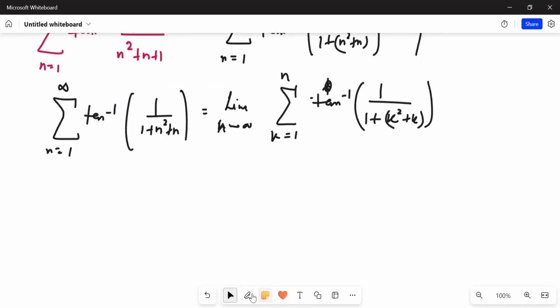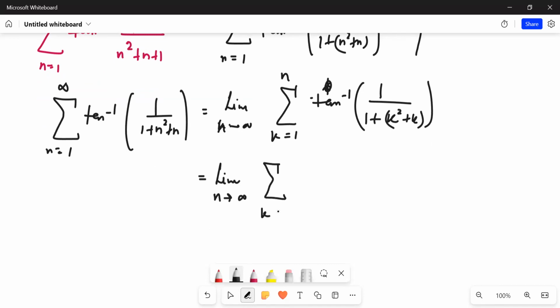Which is equivalent to writing limit n tending to infinity, summation k equals 1 to n, where this 1 can be written as k plus 1 minus k. And this can be written as k plus 1 into k.